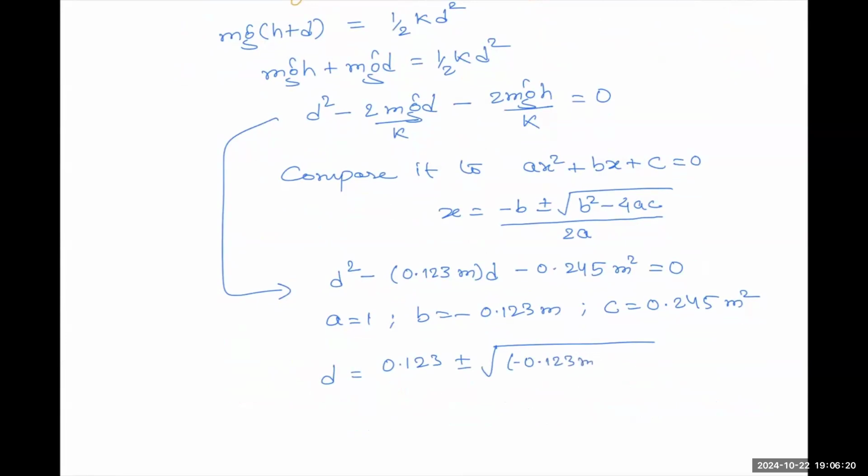I'll just write meter here, squared, minus 4 times a is 1 times c is 0.245, divided by 2 times 1. So what do you get? What do you get for this one?